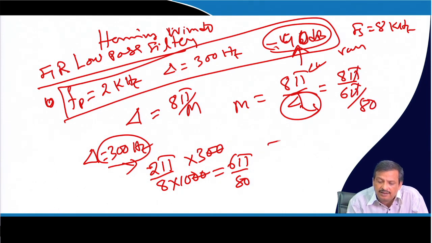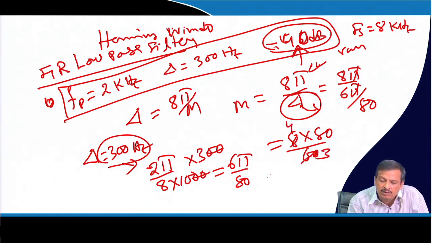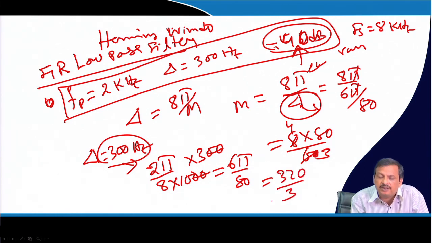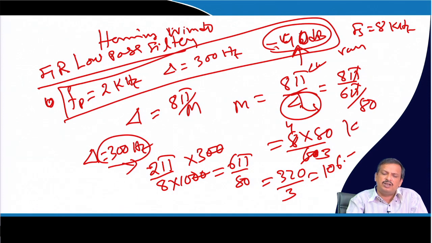The pi cancels, so it is 8 into 80 divided by 6, which is 320 divided by 3, about 106 point something, so I can say 107.